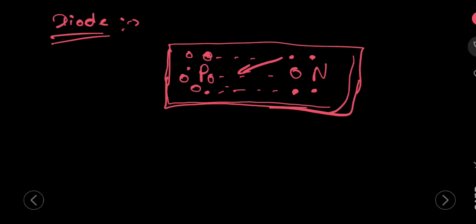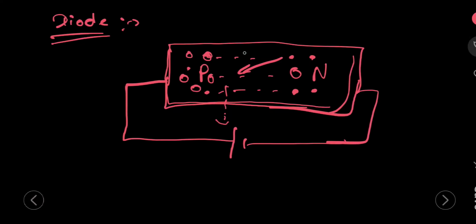This is called diffusion current, and diffusion current will be generated. But if we apply some potential here, a potential barrier will be generated, and a wall will be created where an electric field is generated, in this direction.